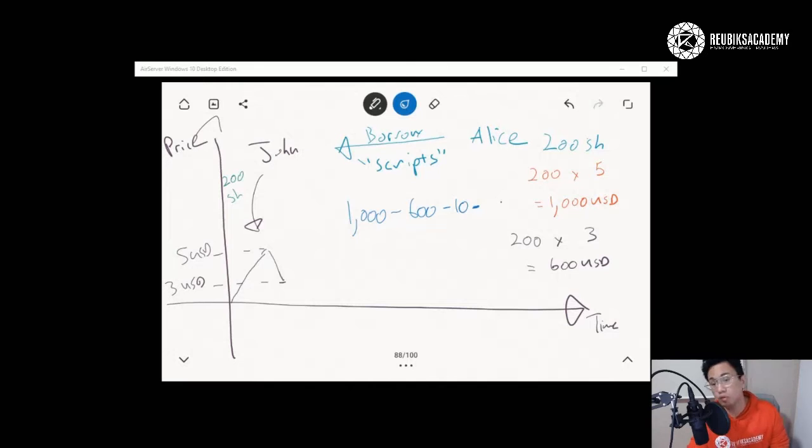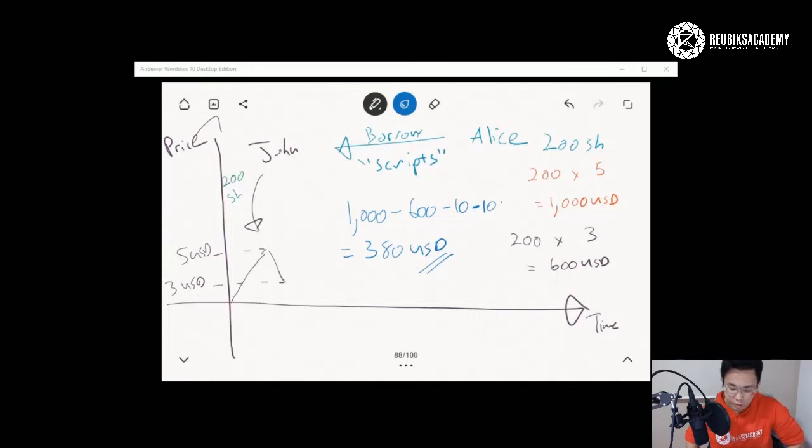So there's an overnight interest which John and the brokerage will share. They will share this interest that Alice has to give. So overnight interest, let's say, is another 10 USD. So in total, her net profit is 380 USD.